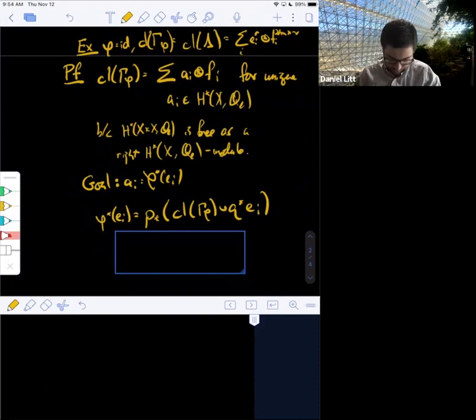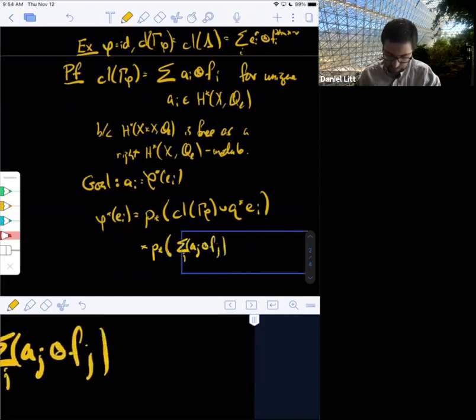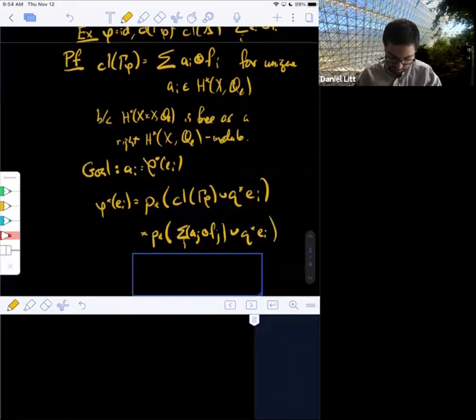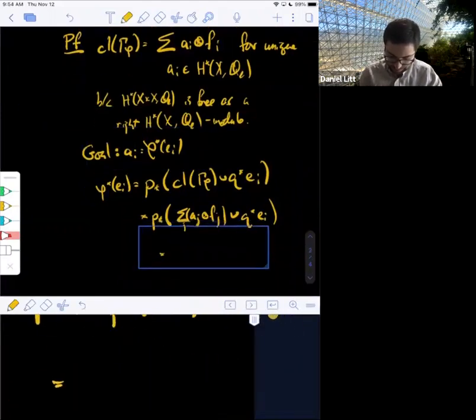So let's rewrite what we're trying to prove. It said the cycle class of this graph was the sum of a_j tensor f_j, and now we're cupping that with the pullback of e_i. But now e_i and f_j were dual bases, right? So let's write this again.